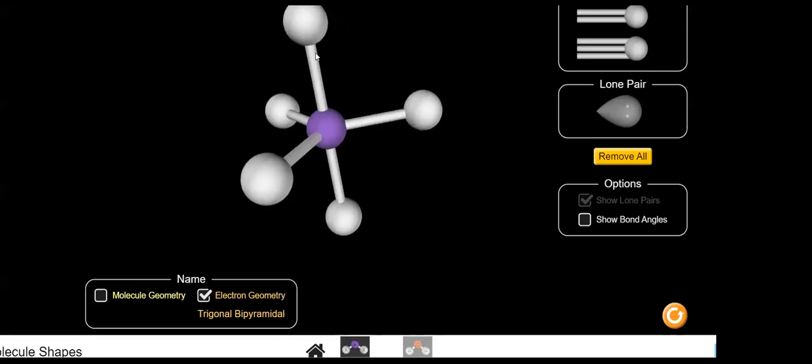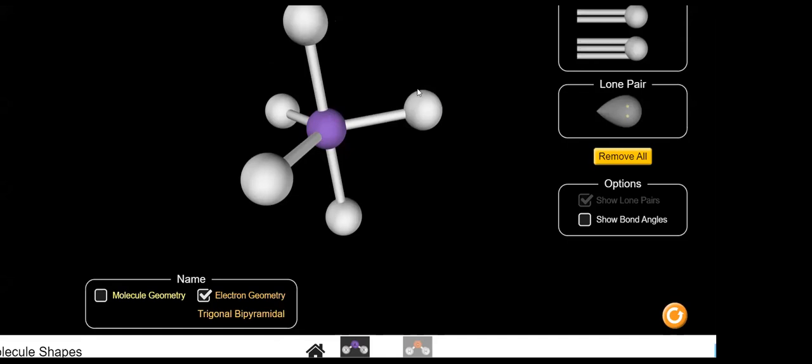Well, if we put a lone pair up on top, it's 90 degrees away from this bonding pair, 90 degrees away from this bonding pair, and 90 degrees away from that bonding pair. So how many of those interactions does it have? 3.